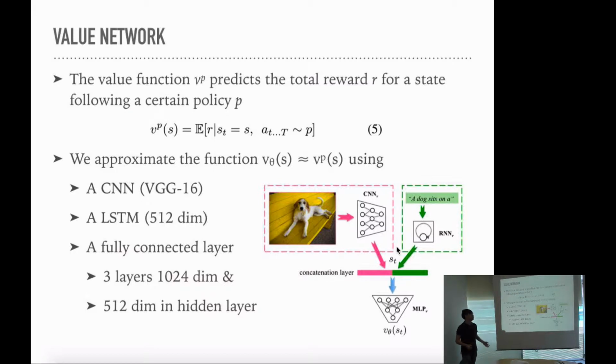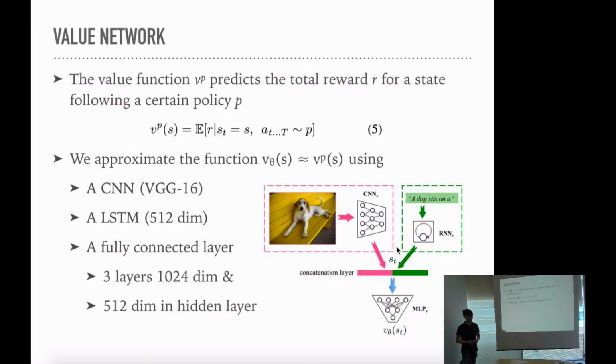We take an image and encode it with a CNN, we take an RNN and encode some text, and then we concatenate them and output a scalar reward using the fully connected layer, to generate the expected final reward for this current state given this policy. So that's the value network.